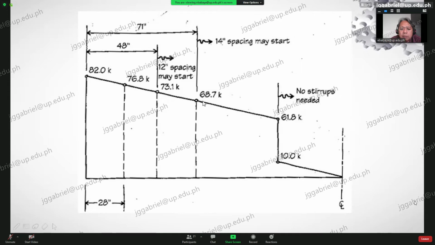From this point up to this point where we computed that no stirrups are needed, there's the 21 point something. Okay, 14 inches. Now, we compute for the critical region.